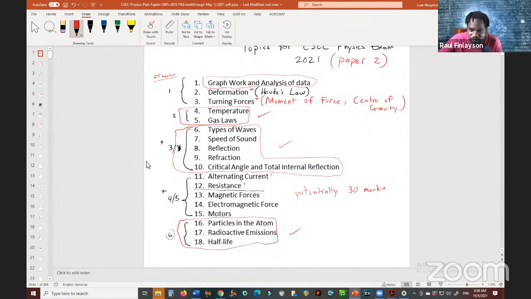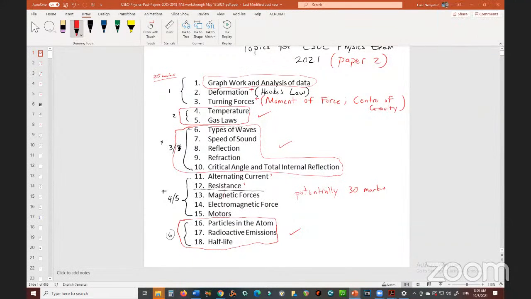All right. So does anybody have a clue as to what the definitions are for 11 to 15 here? Nobody has any idea what an alternating current is? Alternating current, what, sir?